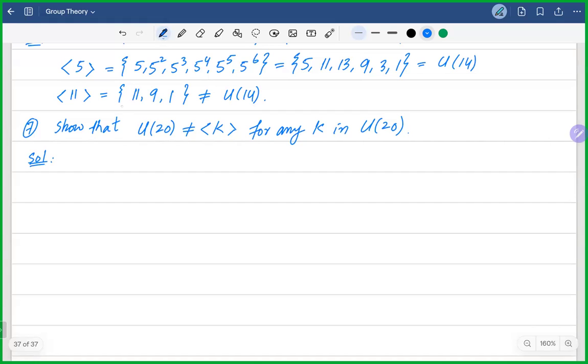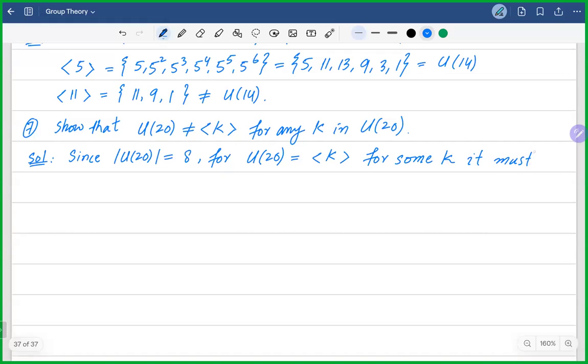So let's consider that the order of U of 20 is 8. Now for U of 20 to be generated by some k, it must be the case that the order of k is 8.